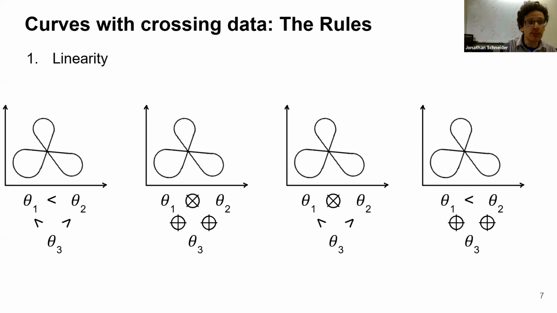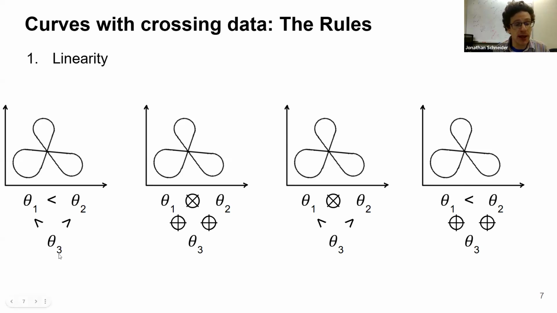Whenever you have a crossing of this curve of order 3 or more, we require that the crossing data reflect a linear ordering in the classical case, meaning here we've got 3 points of the circle all coinciding on a single point in the plane. I call them points 1, 2, and 3. 1 is the under strand, 2 is in the middle, and 3 is on the top.